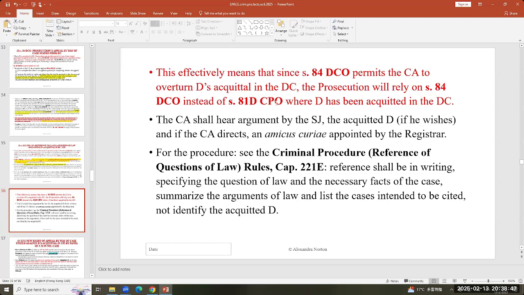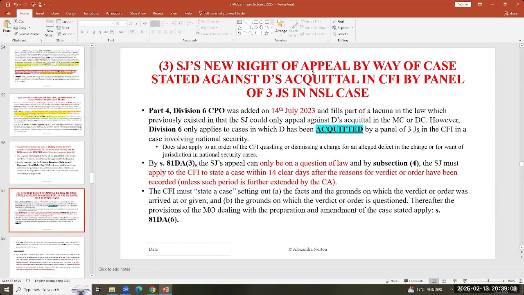But that's from the district court, right? If they want to do something about the acquittal by the jury in the CFI, well, too bad, they can't overturn it. The most they can do is just seek clarification on a point of law. This provision, next, Part 4, Division 6 of the CPO, has only been added in the last year and a half.